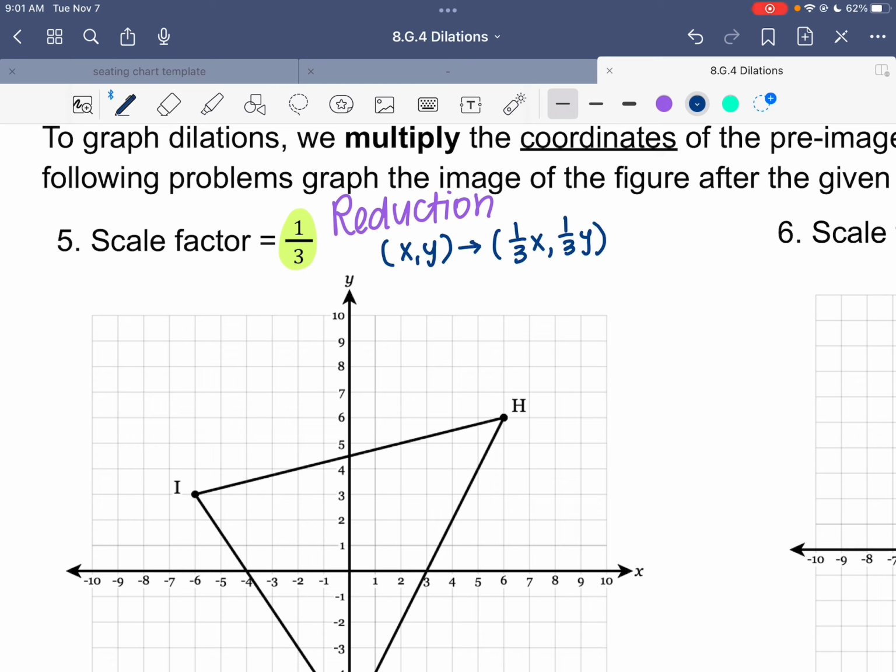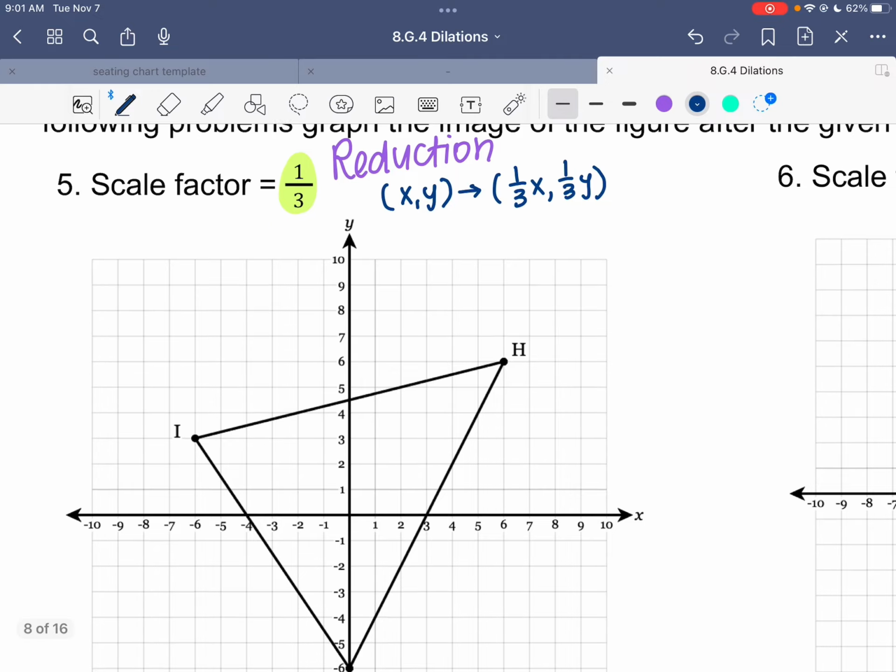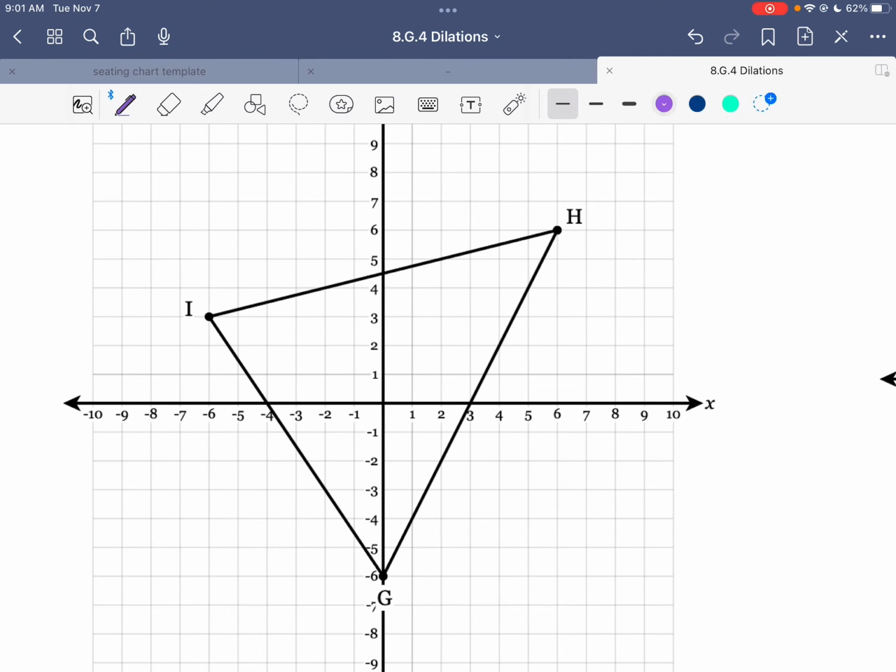So we're going to find all of our coordinates in our original figure, our pre-image. We're going to multiply all those coordinates times our scale factor, and we're going to plot our image. So H is located at 6, 6. G is located at 0, -6. And I is located at -6, 3.